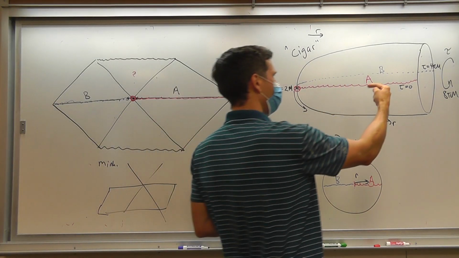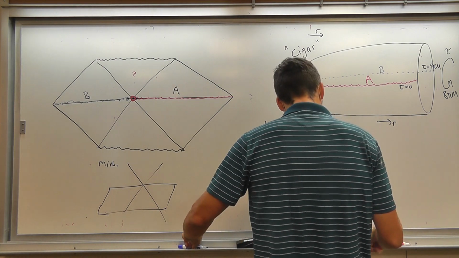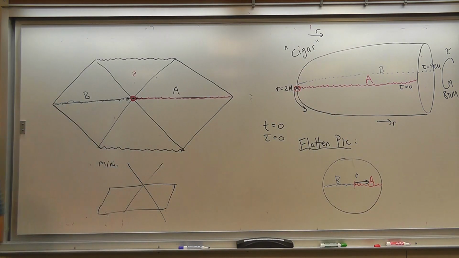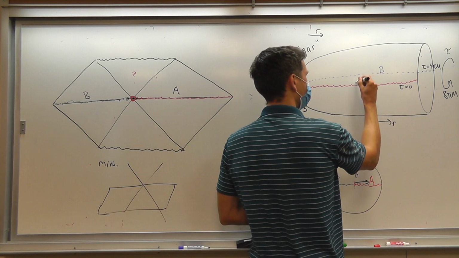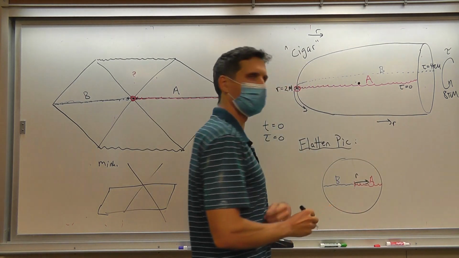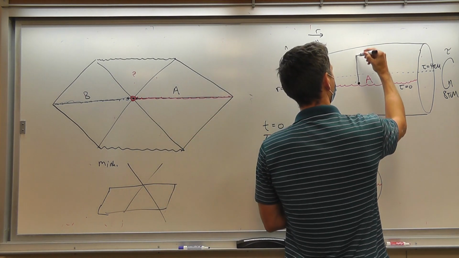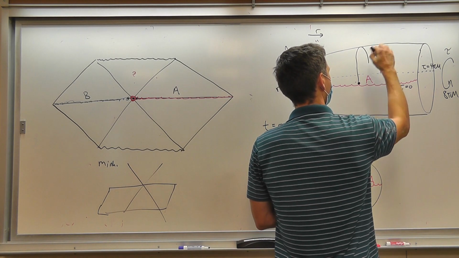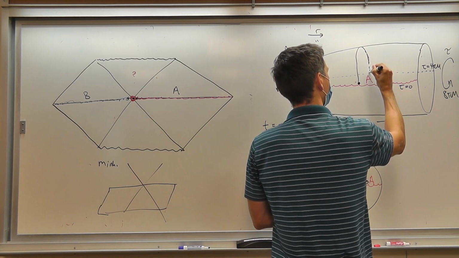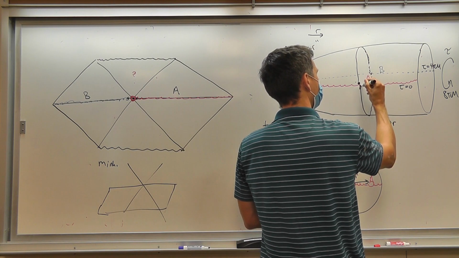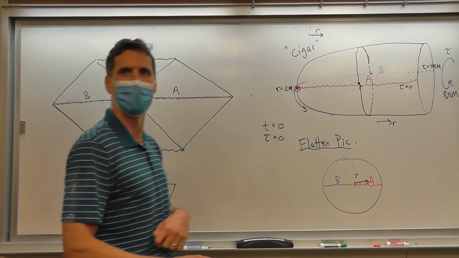So moving in tau, for example, let's draw a path on here. Okay. So let's start in the middle of region A and go around the tau circle. So we go onto the other side, we hit region B, and then we end up back at the point we started.